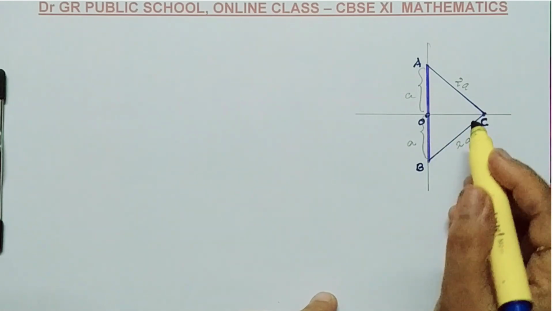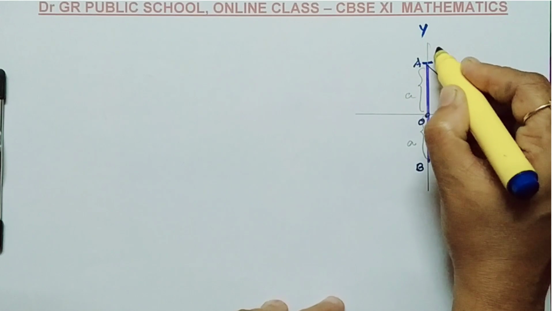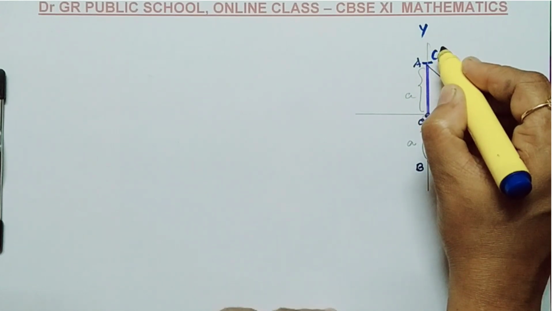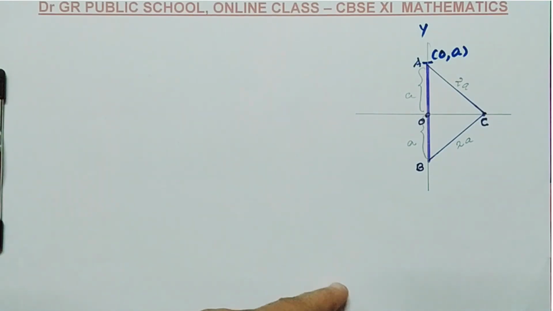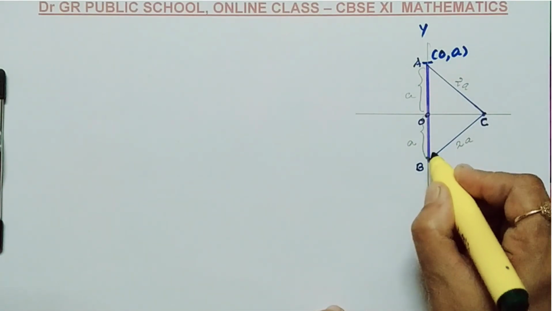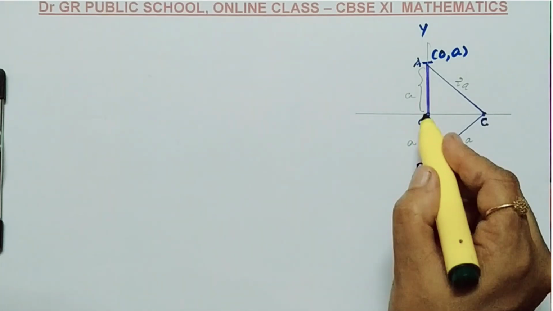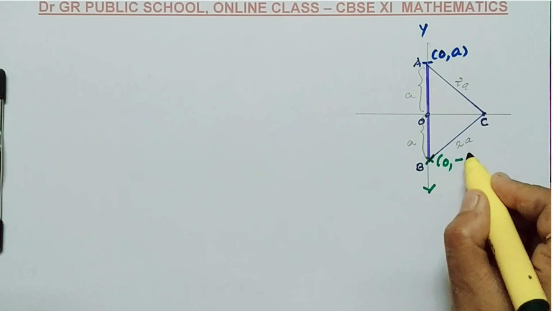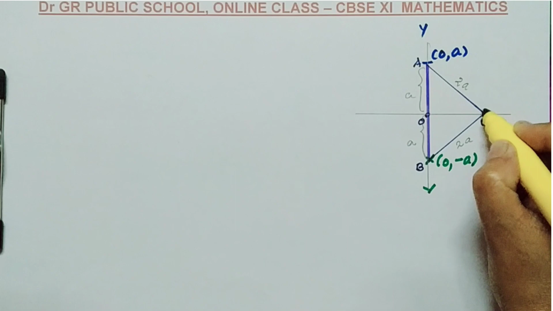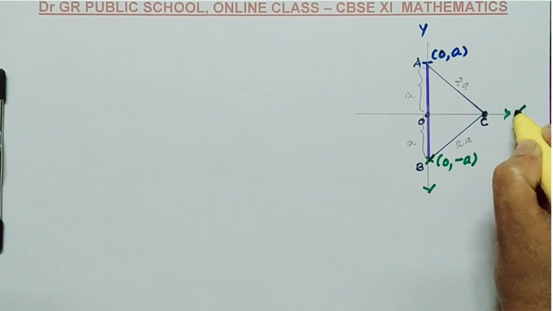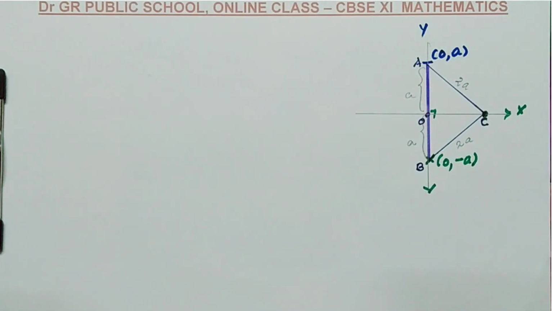What about the coordinate of the point A? The point A is on the y-axis, so the coordinate is (0, A). Any point on the y-axis has its x-coordinate 0, and the point B is also on the y-axis, so its x-coordinate is 0, and it is A units below the x-axis, so it is minus A. Now you know that the point C lies on the x-axis as this line is perpendicular, because the y and x axes are the only perpendicular lines in this figure.